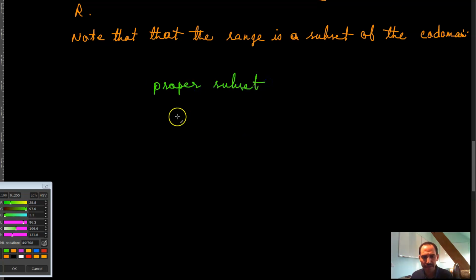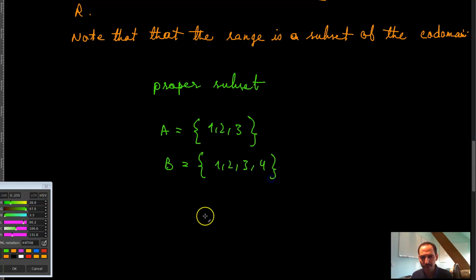And what that means is that when I say, for example, let's say that A is equal to 1, 2, 3, and B is equal to 1, 2, 3, and 4. Now in this case, I can say that A is a proper subset of B. Now I'm not using any math notation because there are two notations here. There is this notation and there is this notation.